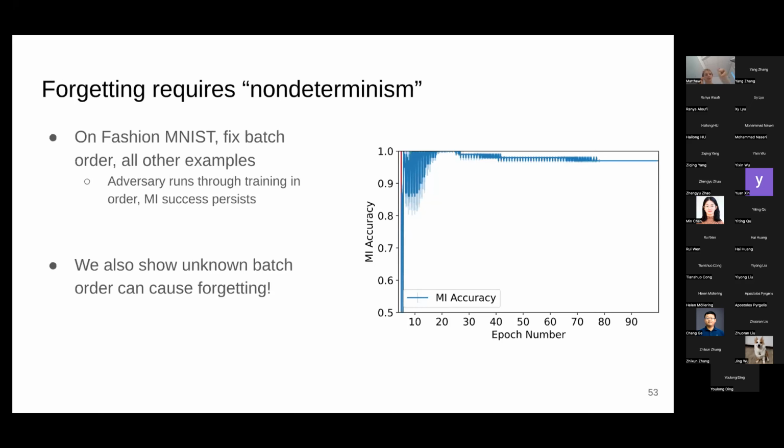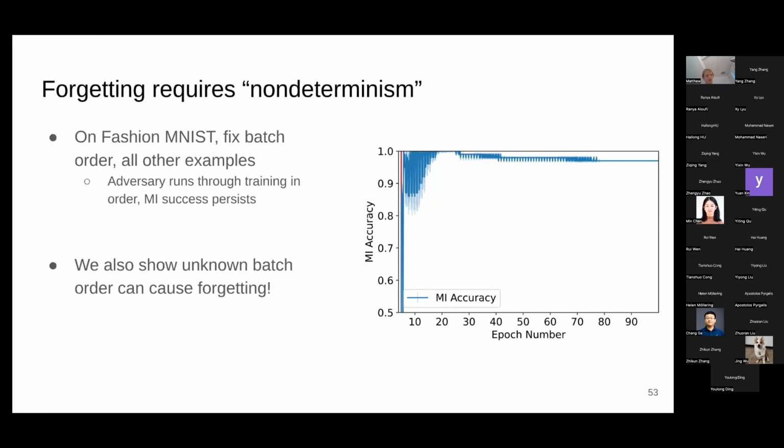Then you add this injected point, it shifts the model by some amount, and you continue making steps on the exact same examples. It turns out that this allows you to do almost perfect membership inference for 95 more epochs. This membership inference accuracy is still very high, and this is because you're making the exact same steps. So this one shift is always going to persist in the model.